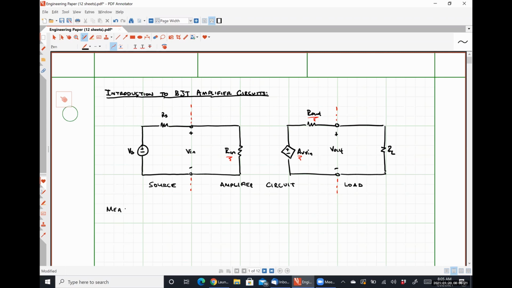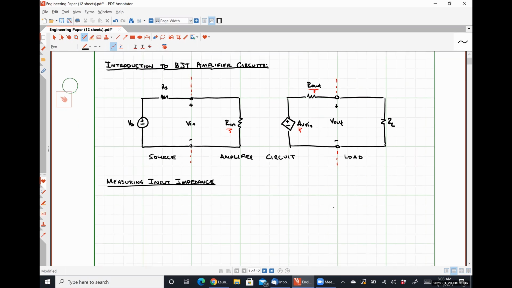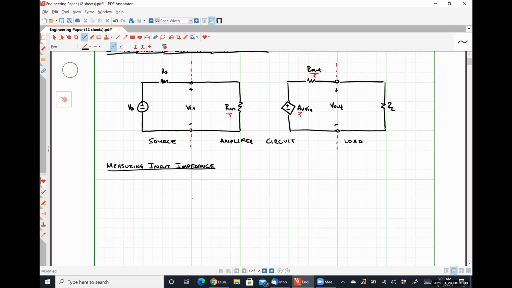So let's begin with measuring input impedance. For a generic two-port amplifier circuit, it doesn't matter what kind of amplifier circuit it is, I'm just going to call this a black box amplifier circuit.